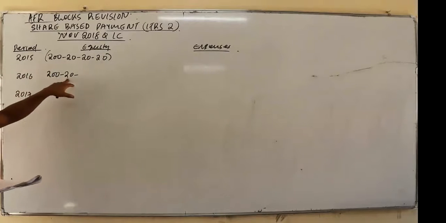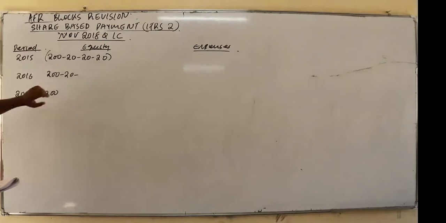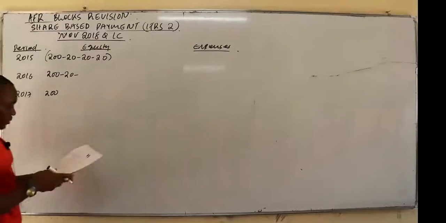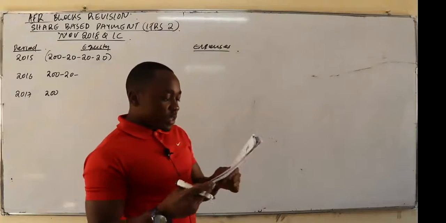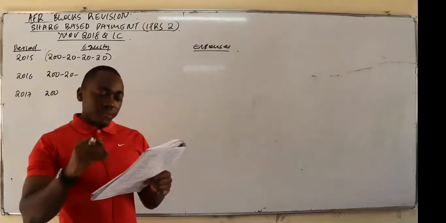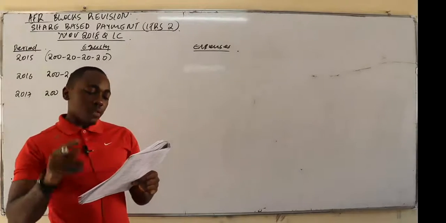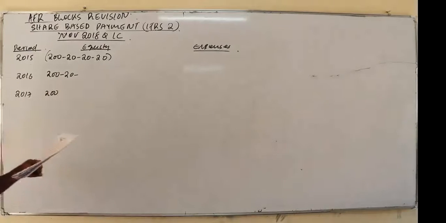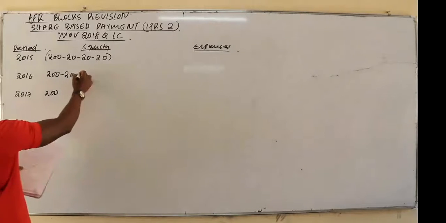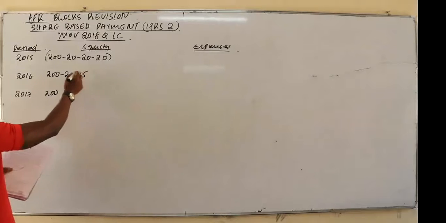Then let's go to the last paragraph. During the years ended 1st December 2016 and 2017, 15 employees and 25 employees left. So the question is, how many actual employees left during the year 2016? 15 left.